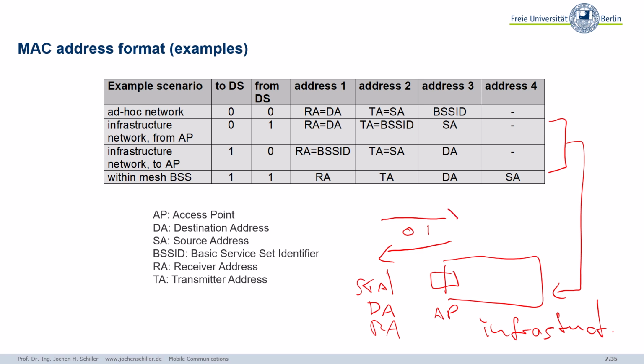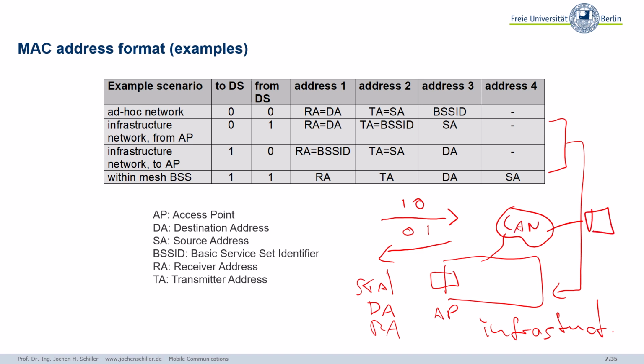If you send from a station to the infrastructure, then you set to DS to 1 and from DS to 0. That means now that the destination address is somewhere in your local area network. This can be any computer in your local area network.